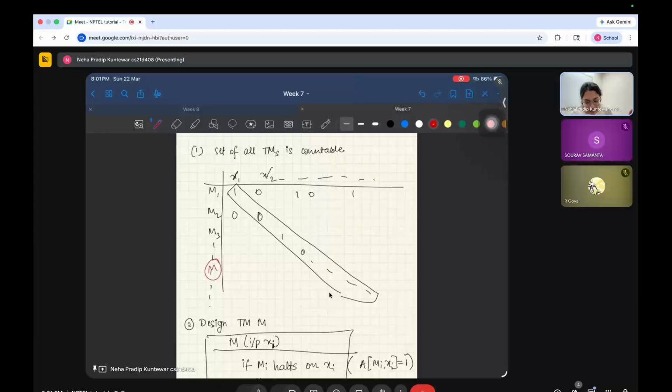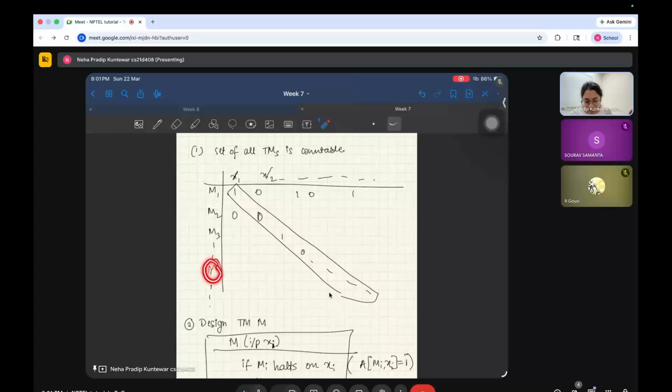But can m be m1? Could it be that this machine that we have designed is the same as m1? It cannot be, because we looked at the behavior of m1 on x1, and we flipped the behavior of our machine. If it halted, then we don't halt, and vice versa.